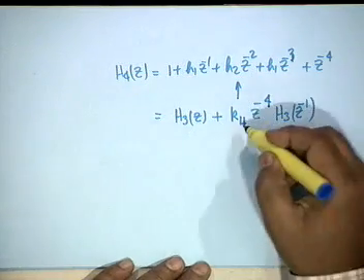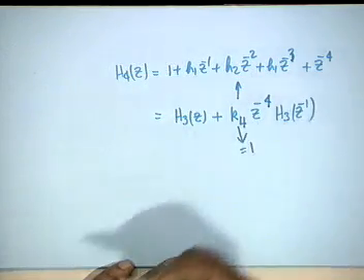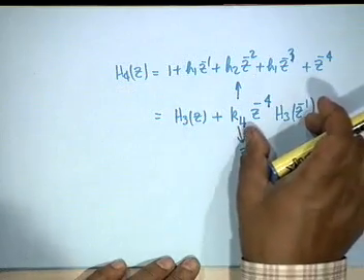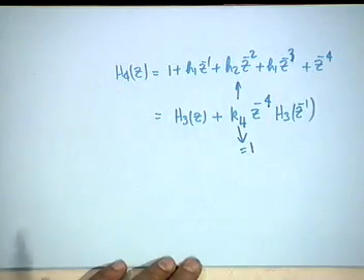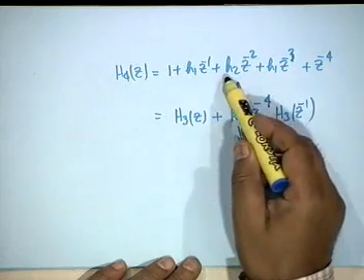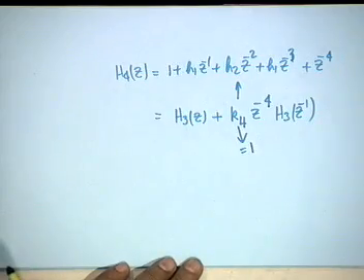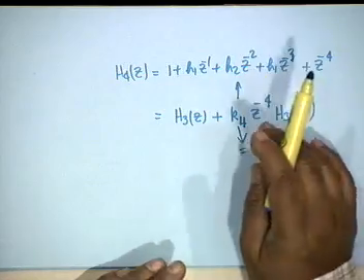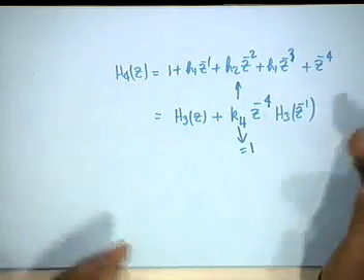K4 is 1. I want to write it in this form. I must have the same number of terms here and here, same number of terms. Now if I take this, then I shall be left with 2 terms. So obviously the choice should be you split this into 2 equal halves.